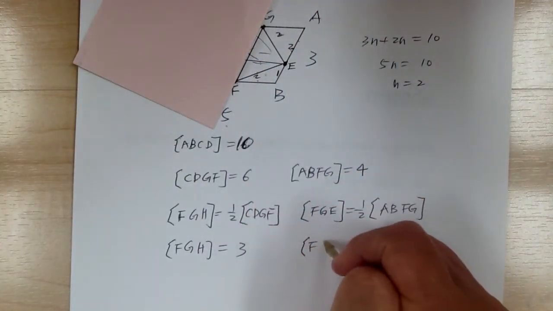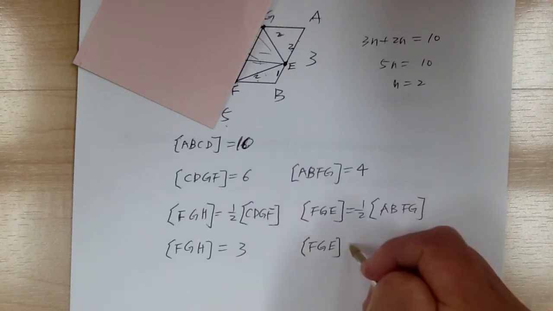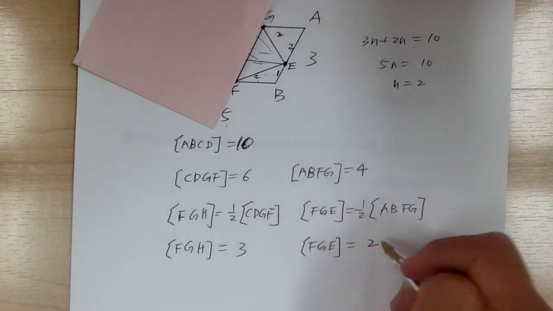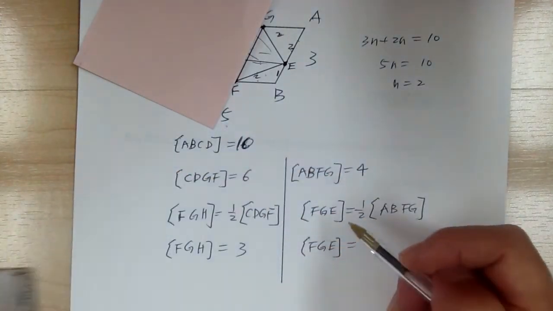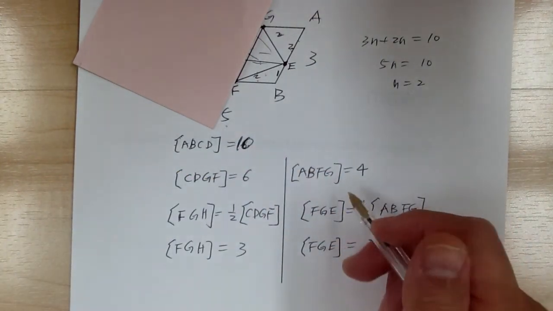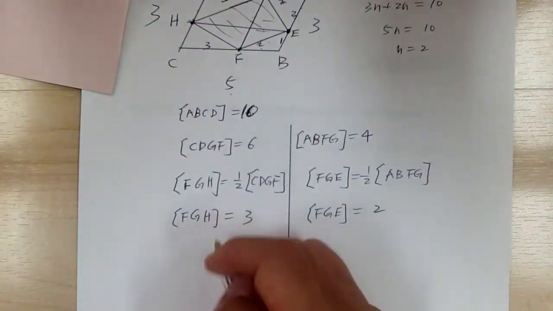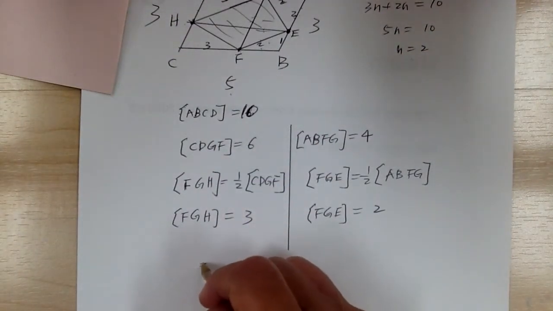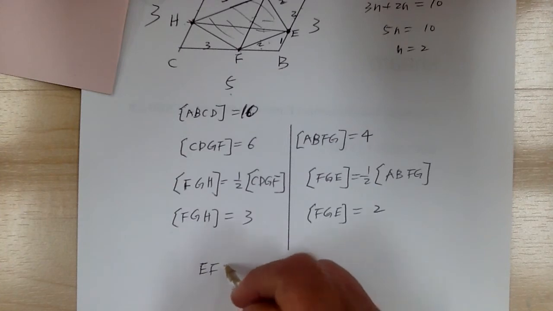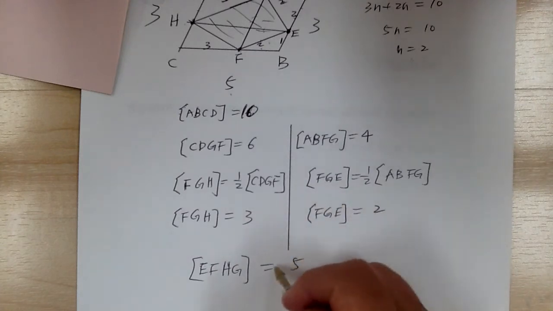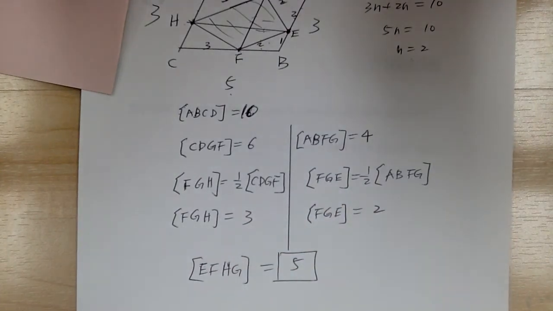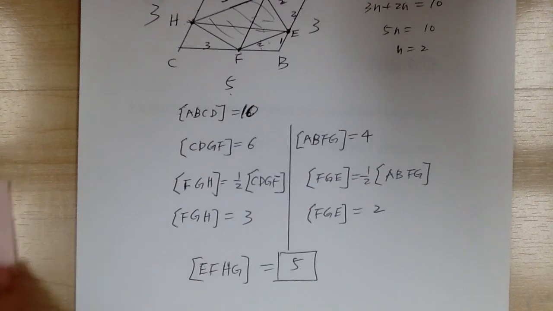So the area of FGE is half of that, which is 2. And so now the shaded area HG will be just adding these two together, so it will be equal to 5. Okay, and so that's it for this one.